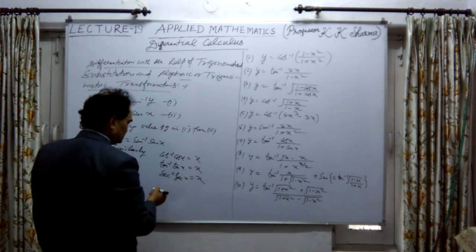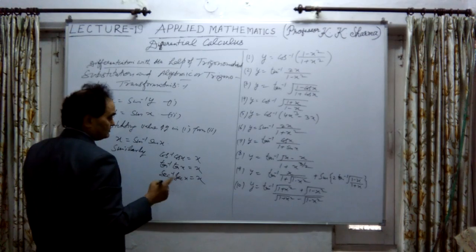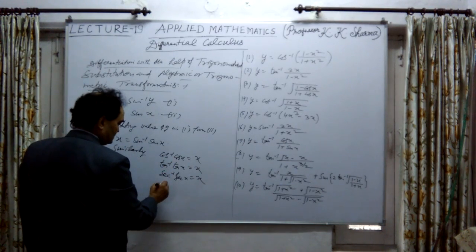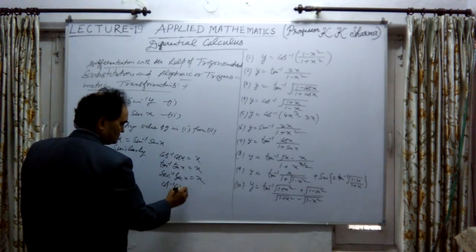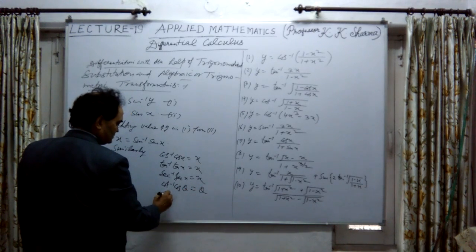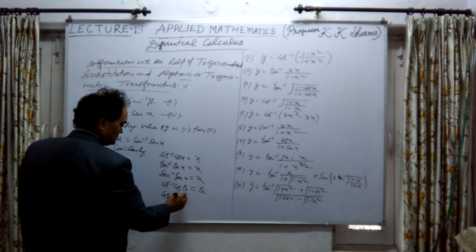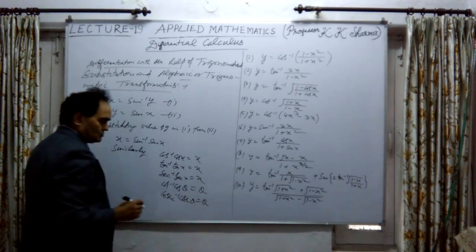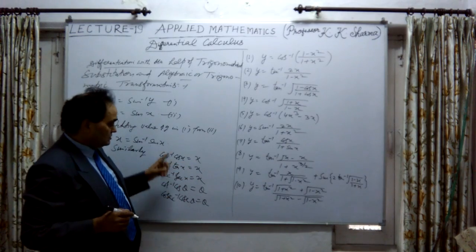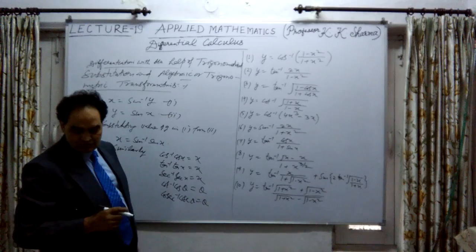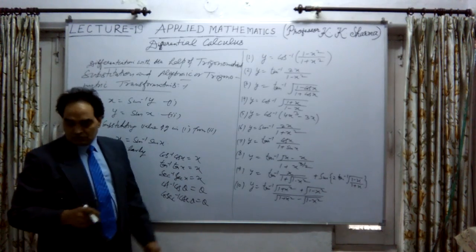If I take the independent variable as theta, then cot inverse cot theta equals theta, and cosecant inverse cosecant theta equals theta. Whatever variable we take, these transformations are very helpful.